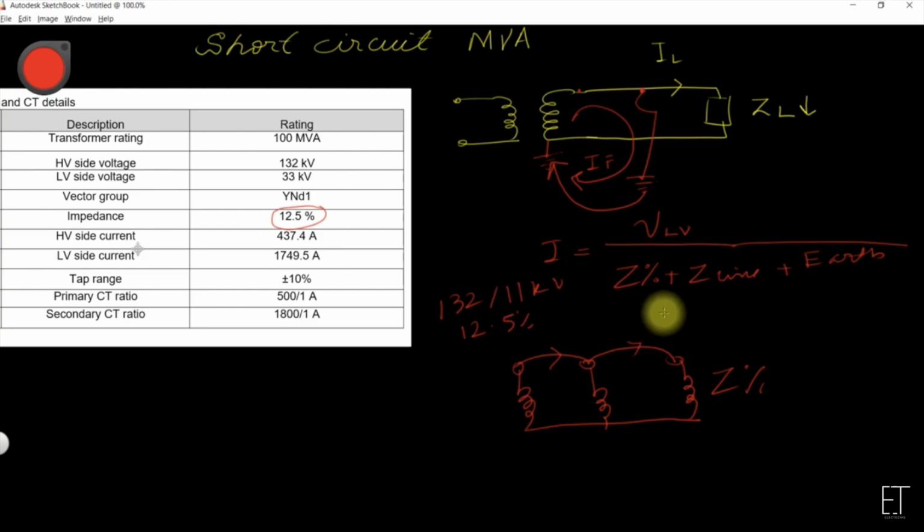If you have another transformer that is 11 kV by 400 volts, for example a distribution transformer, you will see the percentage impedance dropping to 5% or 4%. And if you see another transformer like 220 kV by 132, the percentage impedance will be higher, for example 18% to 20%.